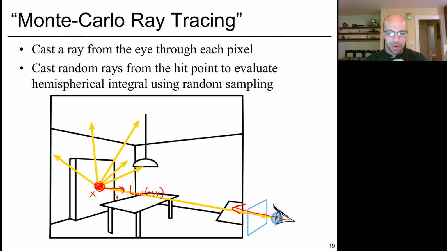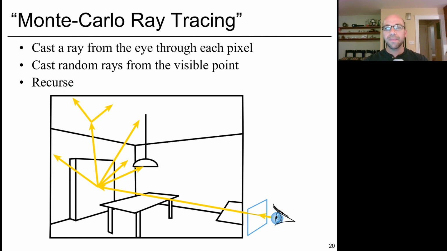So we cast random rays from our hit point to evaluate that hemispherical integral that we saw in the rendering equation. And now, of course, we've bounced these things off to other points, and we can recurse, right? And so now I have some new hemispherical integral that I need to compute, and we can keep going.